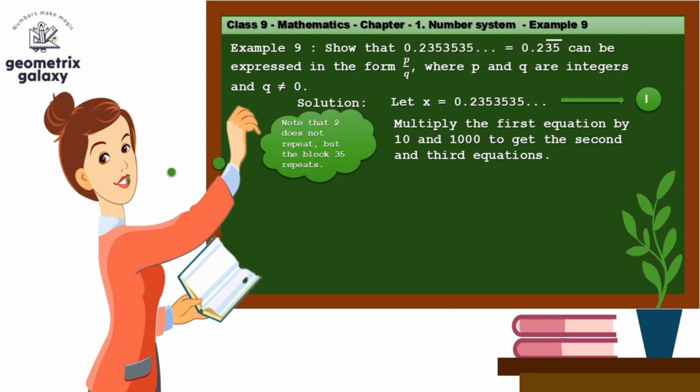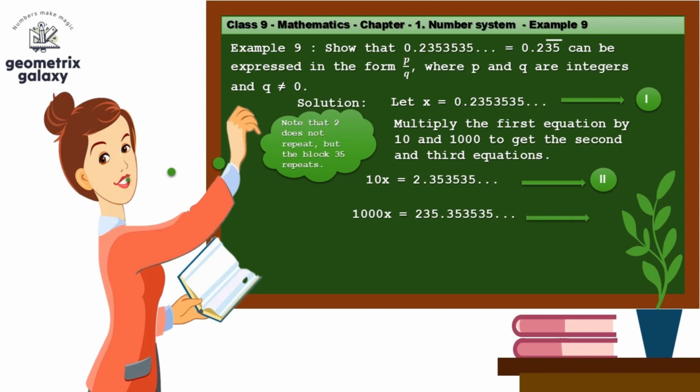Now multiply the first equation by 10. You will get 10x is equal to 2.353535 etc. This is equation 2. Next we are going to multiply the first equation by 1000. So we will get 1000x is equal to 235.353535 etc. This is our third equation.